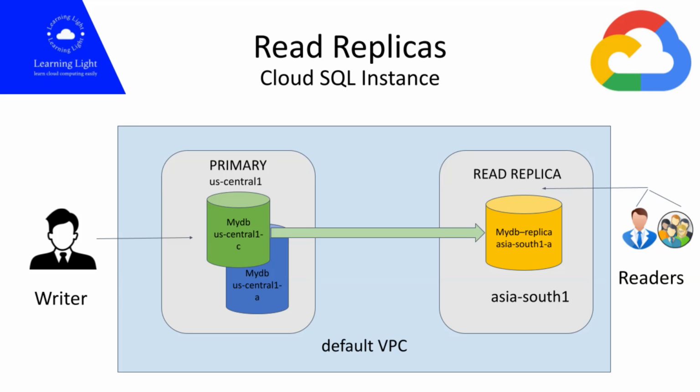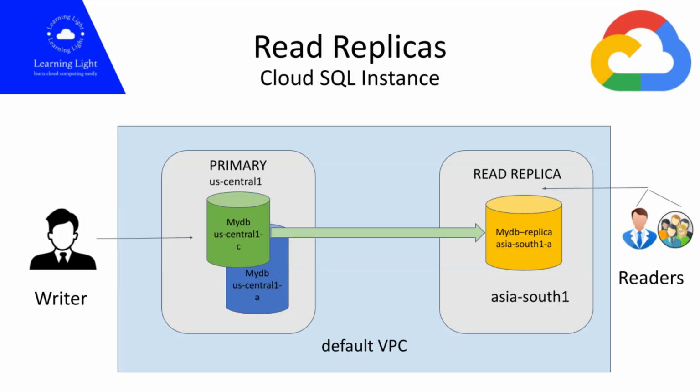So for example, you have a database in the US Central 1 region, and your application connects from an Asia server, and that application is just going to read the data in order to make some query, with no intention of writing data from the Asia-specific zone.